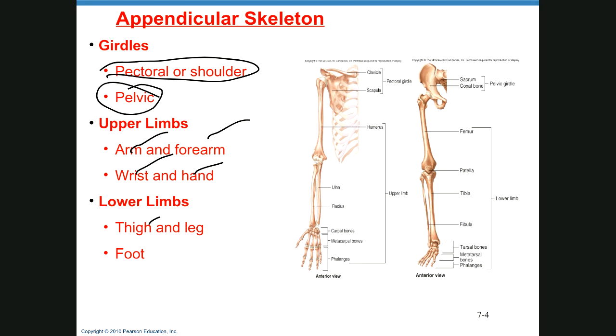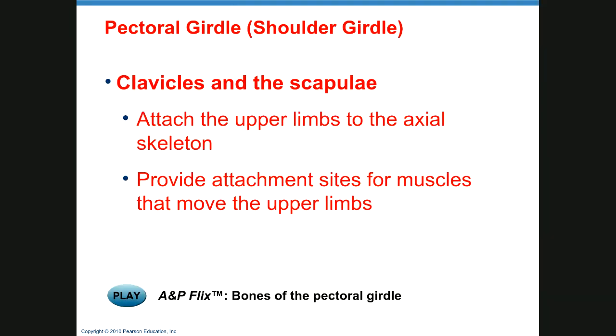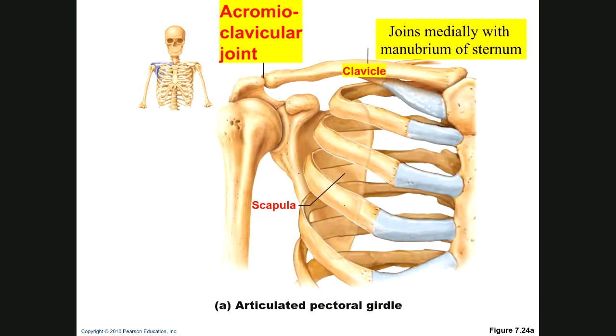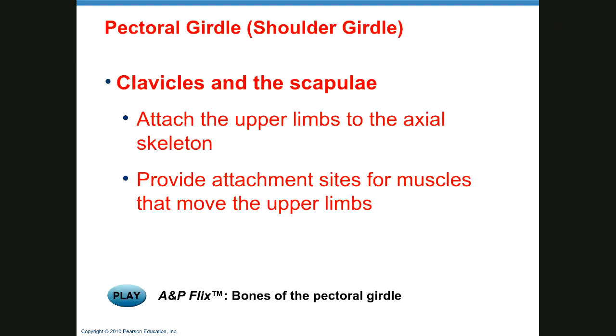So we can start with the pectoral girdle, which is made of the clavicle. The clavicle is also called the collarbone. And yeah, there will be questions in the test that are going to ask you to match the common name of the bone with the actual anatomical name of the bone.